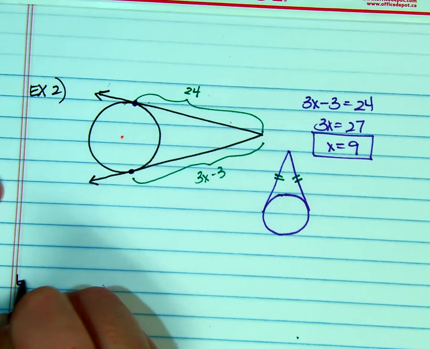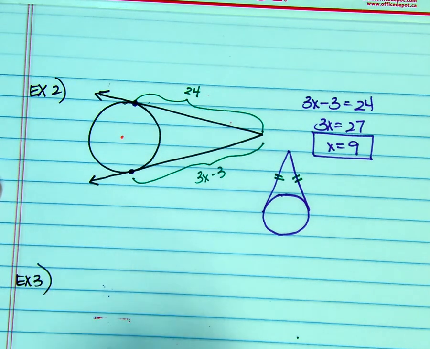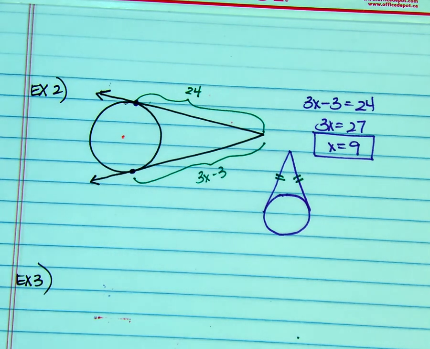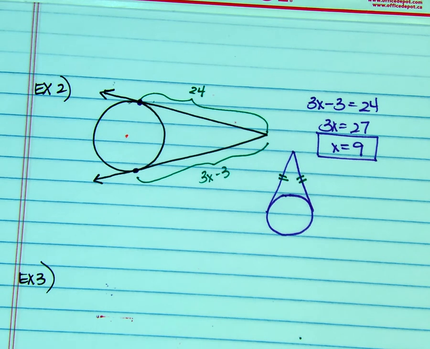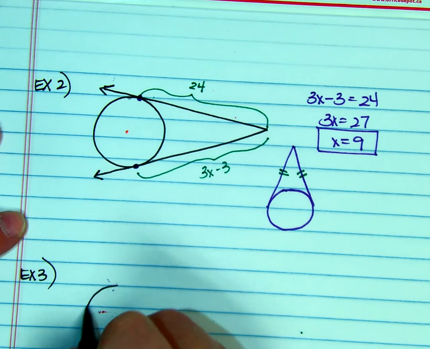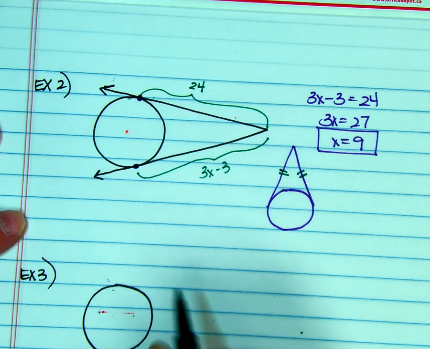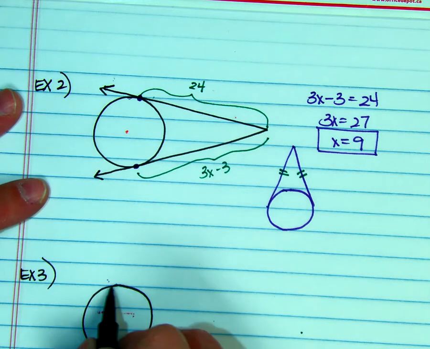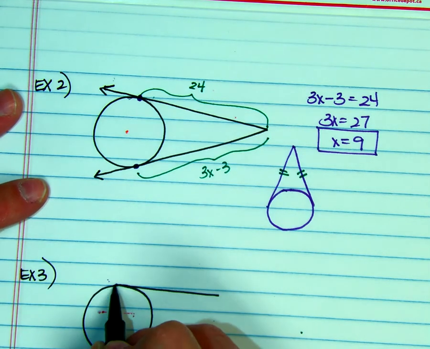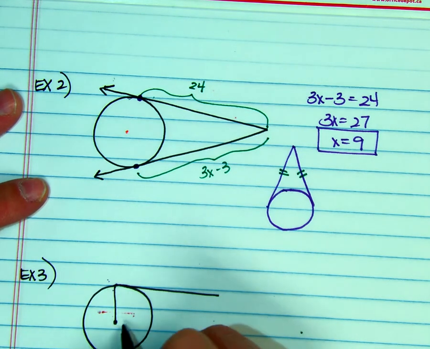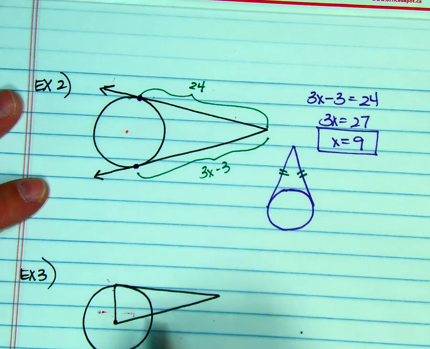You might even see some algebra come into the picture. Let's see if I can find a good one here. So we have a tangent, and I'm going to say that this is 10.